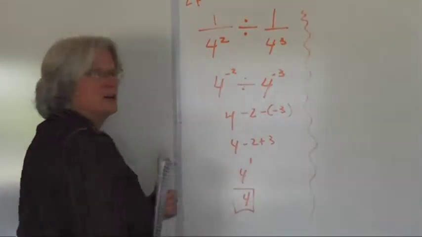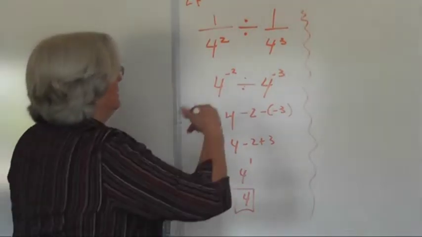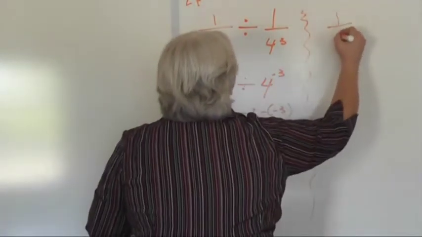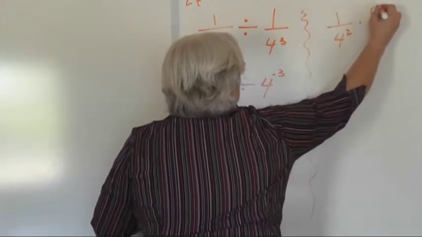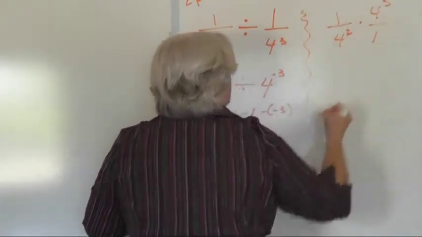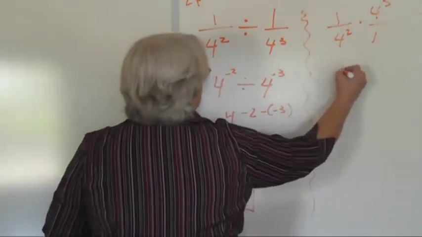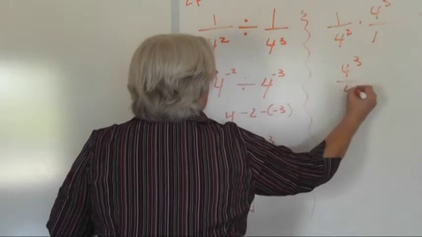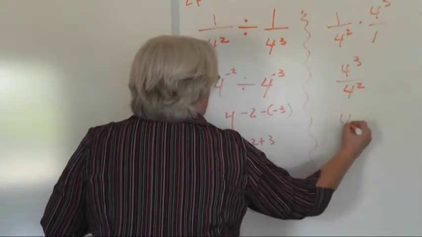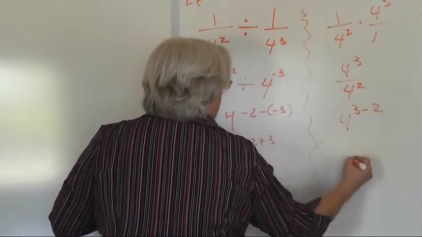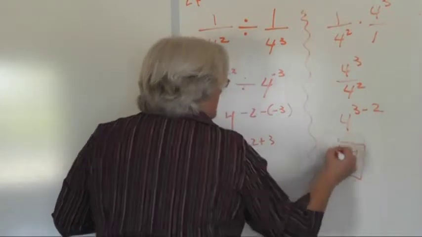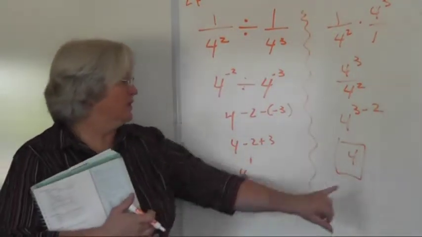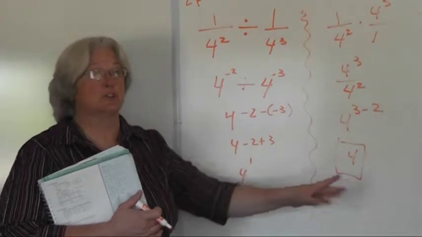How do you divide fractions? When you're going to divide a fraction, you multiply by the reciprocal. 4 cubed over 1. This becomes 4 cubed divided by 4 squared. You can subtract the exponents, and you end up with 4 for your solution.